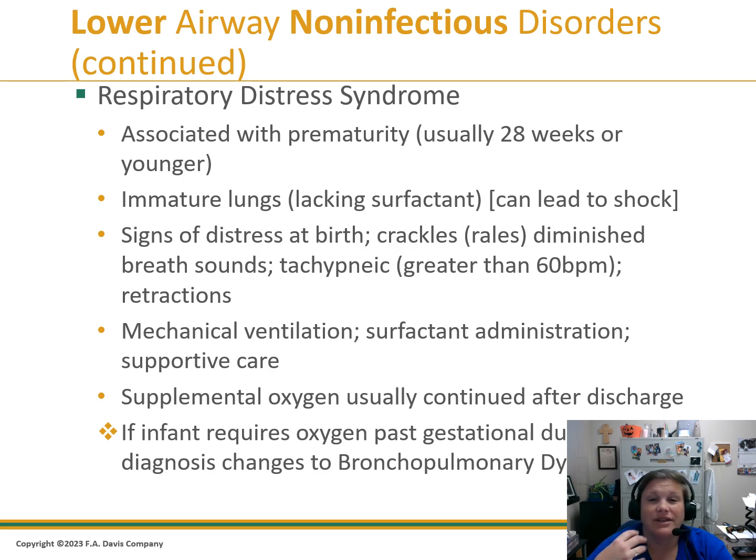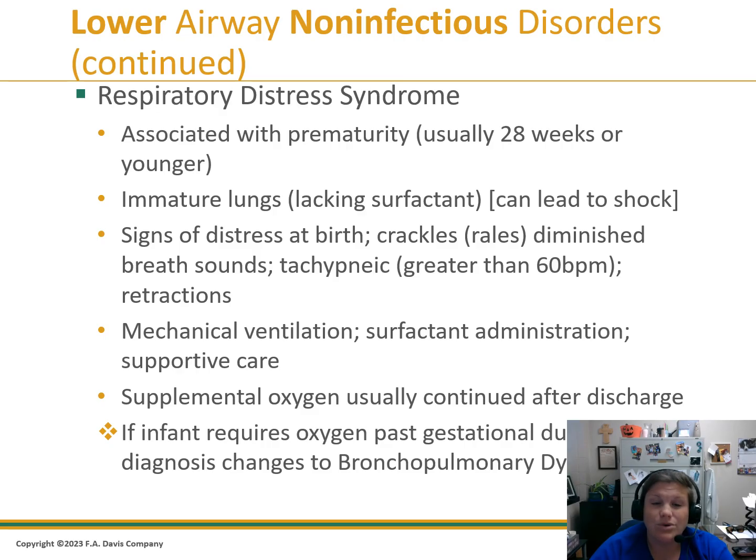They may have audible adventitious lung sounds, primarily crackles and rales, which are fluid related. They're likely to be tachypneic, with a respiratory rate exceeding the newborn norm of 30 to 60, so even higher than 60. And they may demonstrate accessory muscle use like retractions.